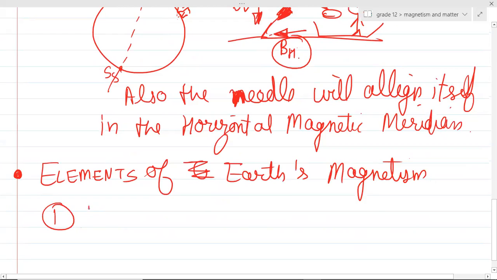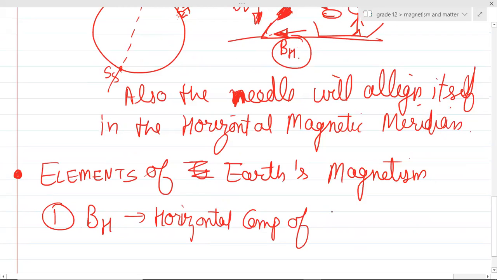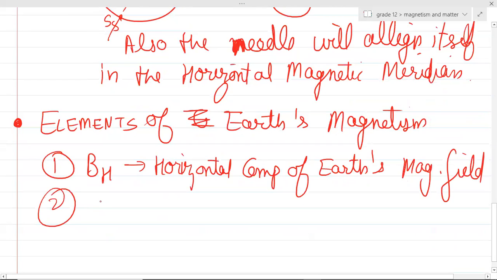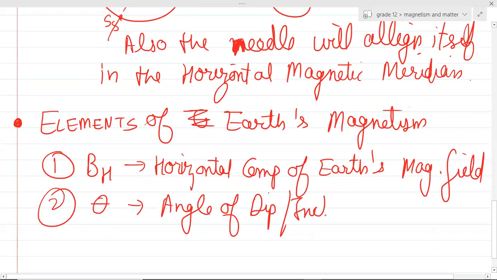The first is the horizontal component of Earth. The second is the angle theta, the angle of dip or inclination.